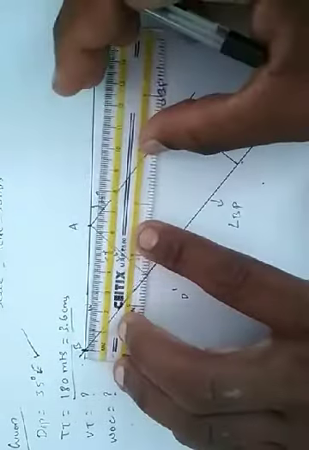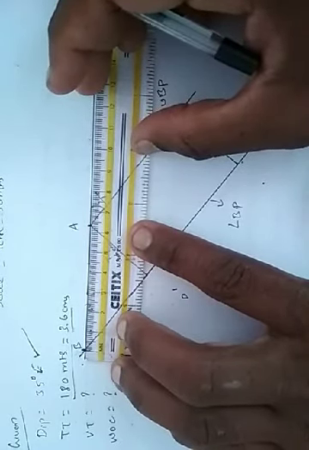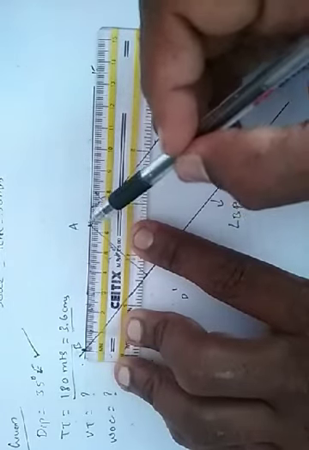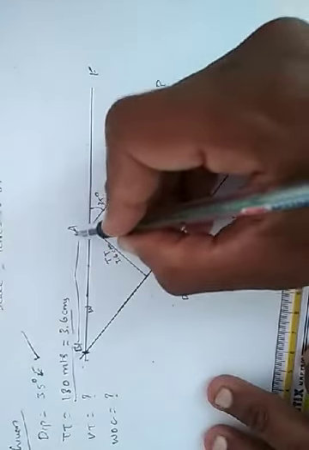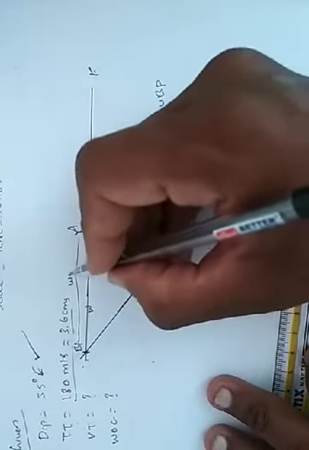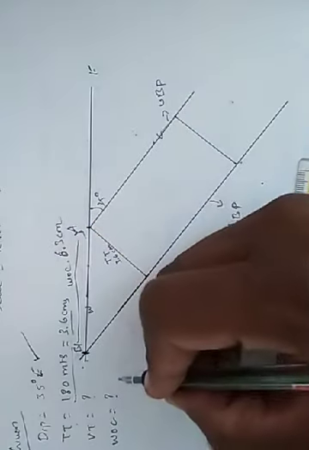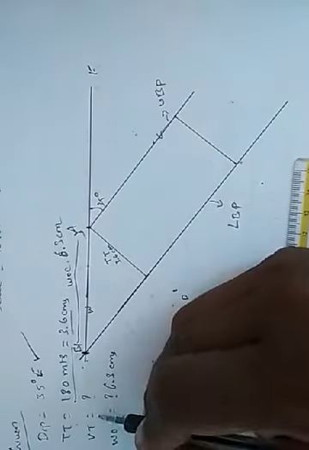So measure the distance between A and B, we will get the width of outcrop. So that is 1, 2, 3, 4, 5, 6.3 centimeters. So the width of outcrop is 6.3 centimeters.